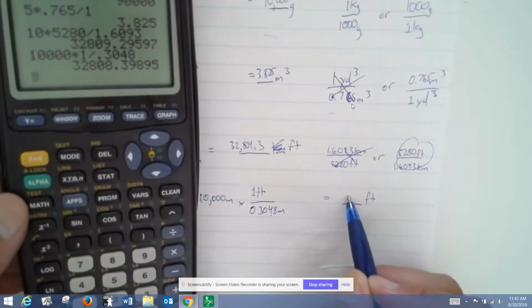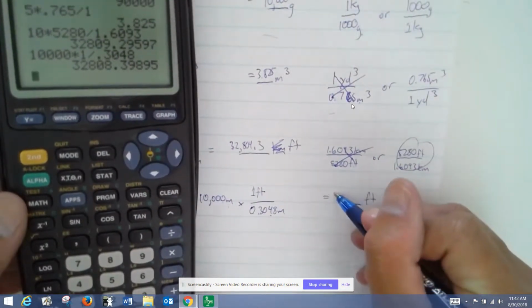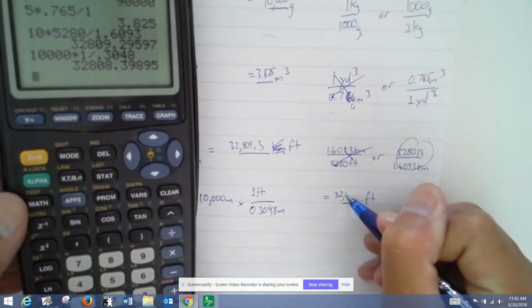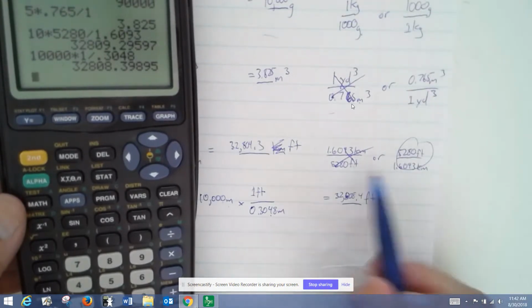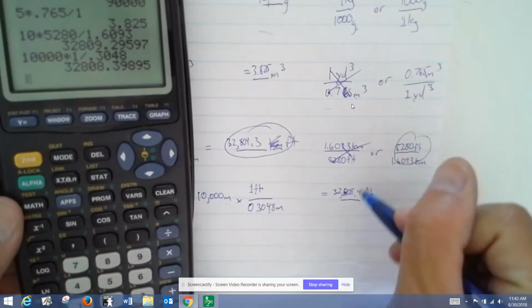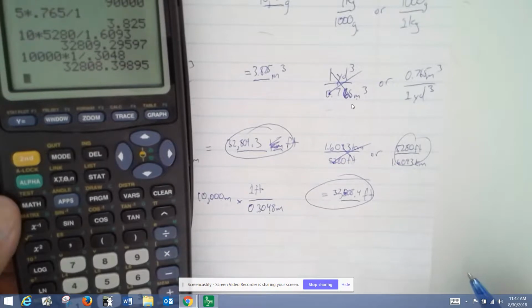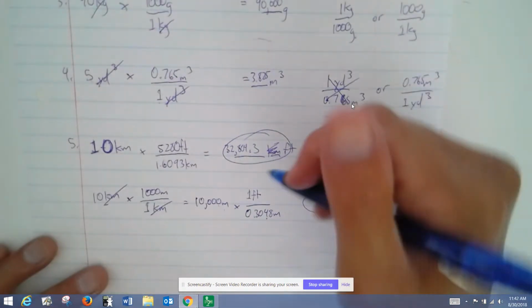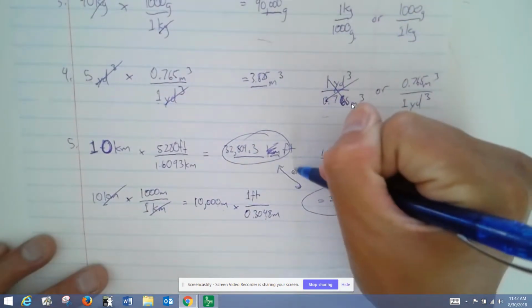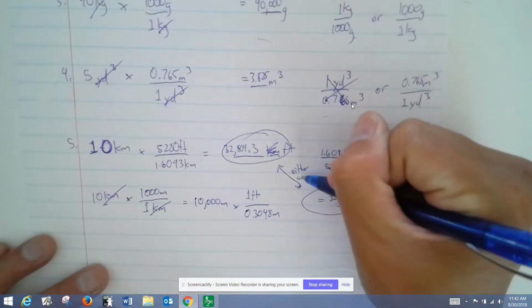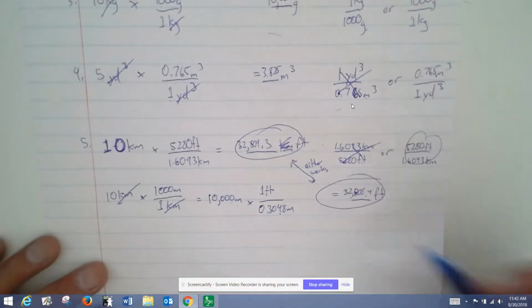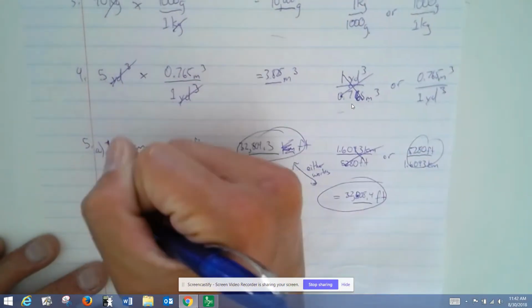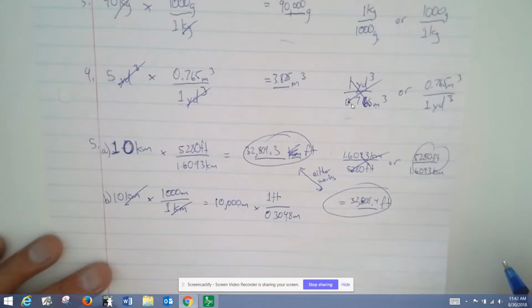It's very, very close: 32,808.4. So they're about the same number. This answer and this answer are about the same. Either works. I'm going to say that's way A and that's another way B.